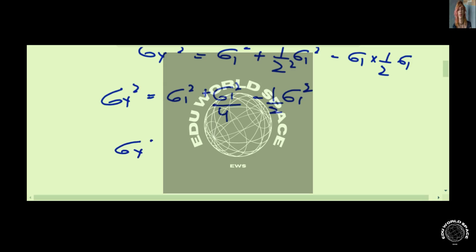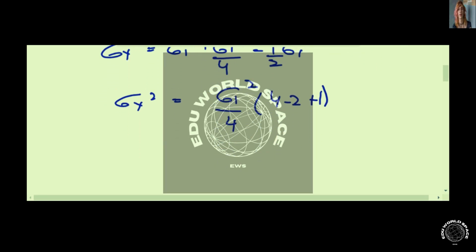So I have the square of the yield stress is equal to sigma sub 1 squared divided by 4, and over here I have 4 minus 2 plus 1, so that is 3 divided by 4.